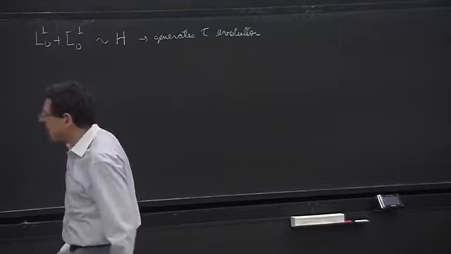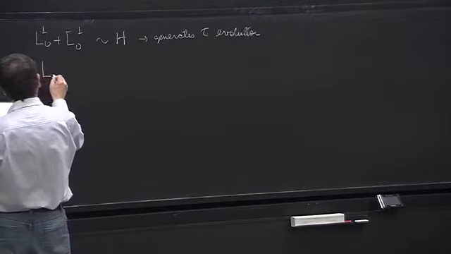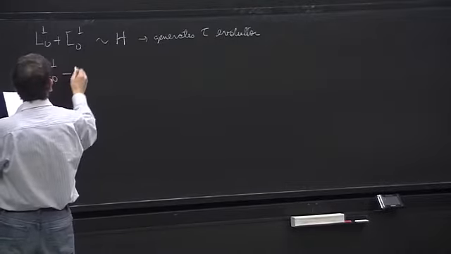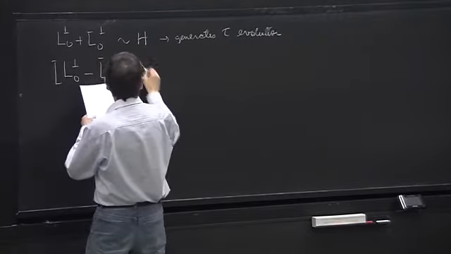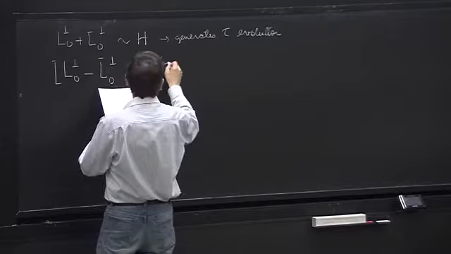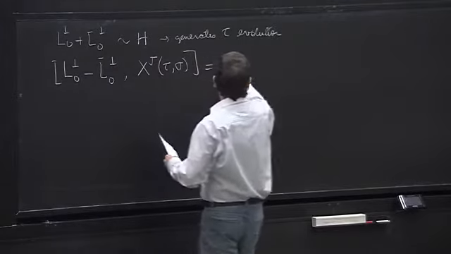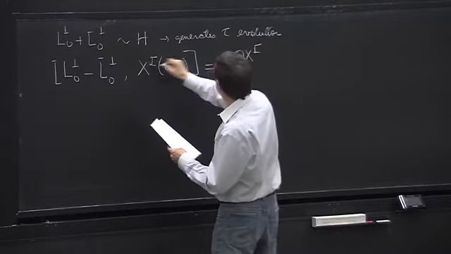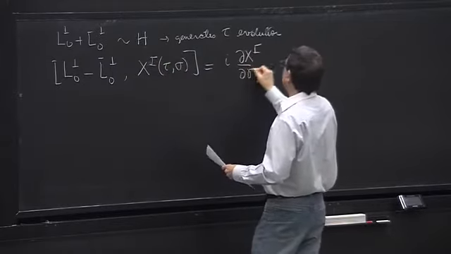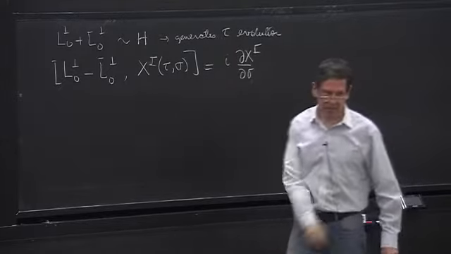So what is L0 minus L0 bar? With an exercise you will do today in the tutorial, you'll be able to show that L0 minus L0 bar, that's a very lovely thing, produces d xi d sigma. Instead of tau translations, it produces sigma translations.